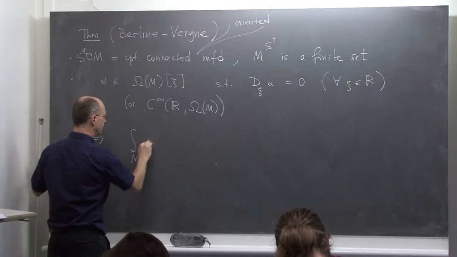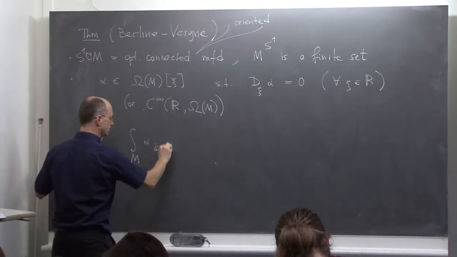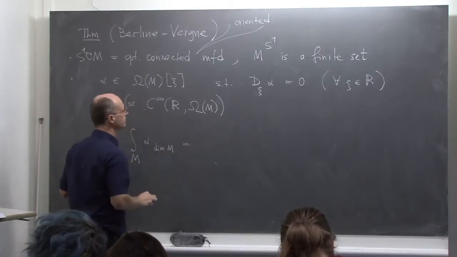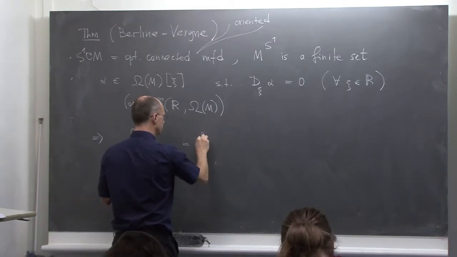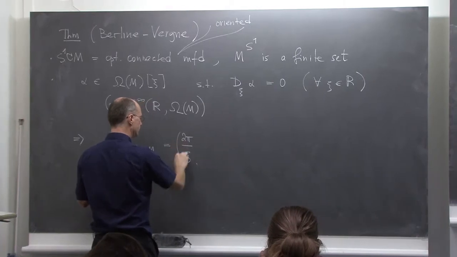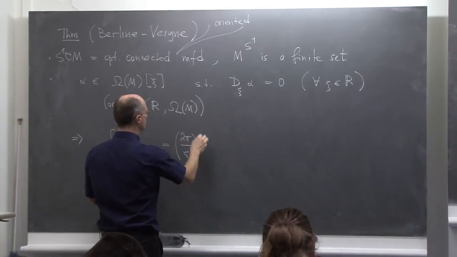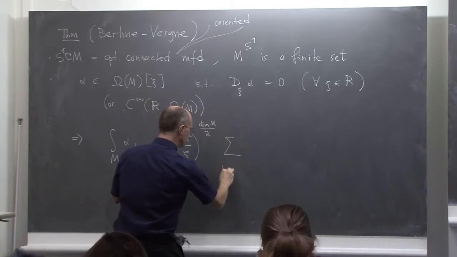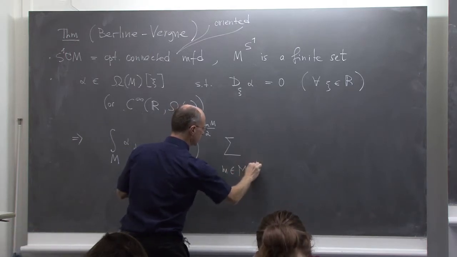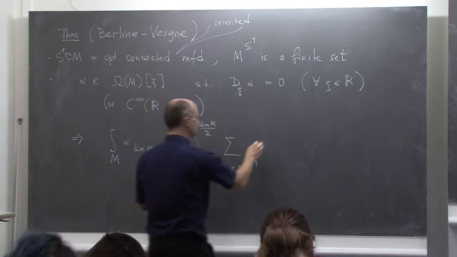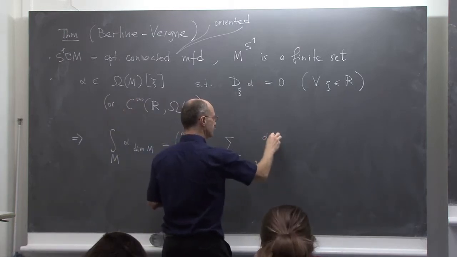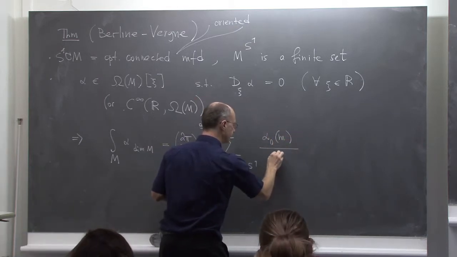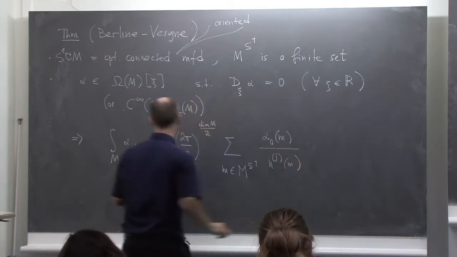So the integral over M of the top dimensional component of alpha is equal to (2 pi over xi) to the power dimension of M over 2, times the sum over the points of the fixed point set of the zero degree component of alpha computed at the point, divided by the weights.